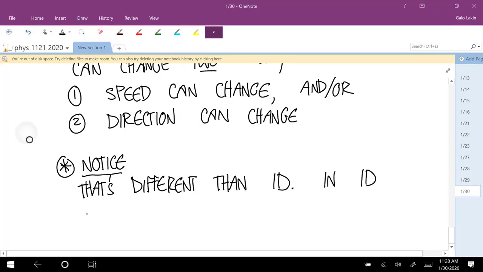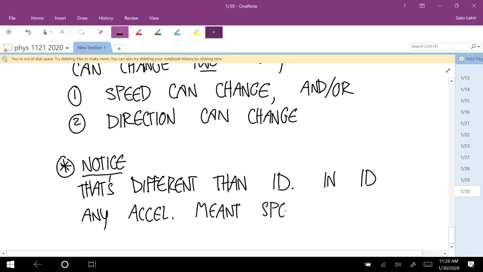In 1D, any acceleration meant the speed was changing. Because there's no such thing as turning in 1D. All you can do is speed up or slow down along the line you're on.